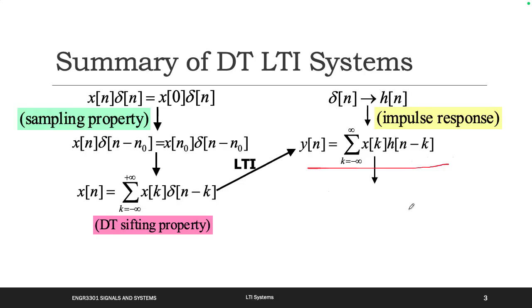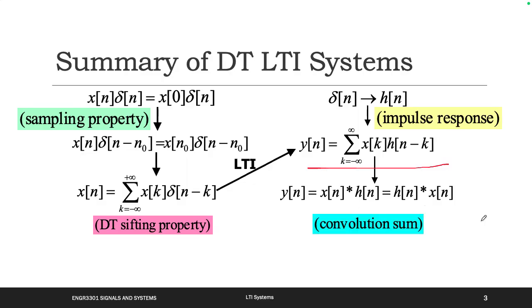What symbol do we use to represent a convolution? Yes, the star. So here y[n] equals x[n] convolved with h[n], and equals h[n] convolved with x[n]. What property do we use here? Commutative, the order can be changed. We call this the convolution sum.